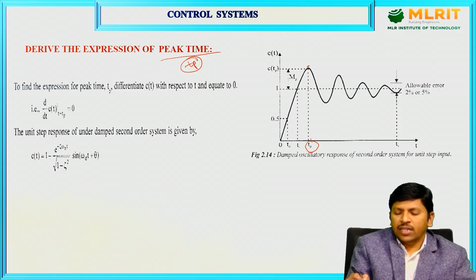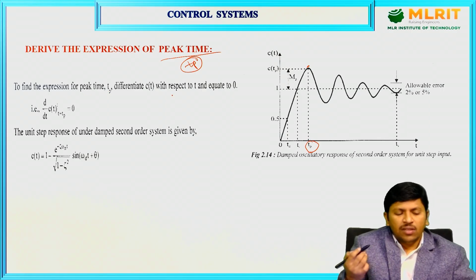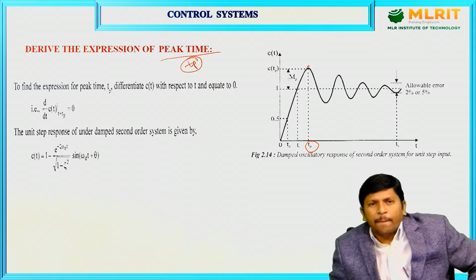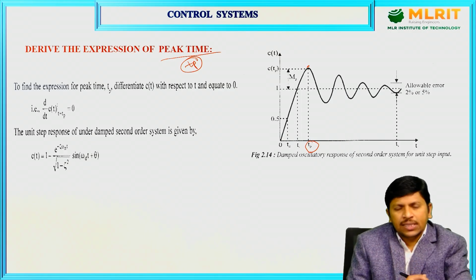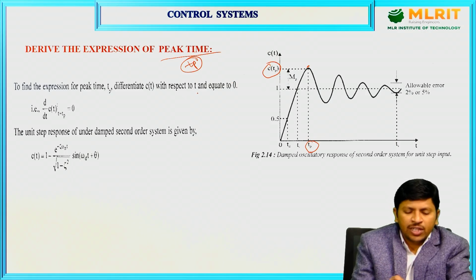To find the expression for the peak time tp, we are going to differentiate the response, that is c of t, with respect to t and equate it to 0.